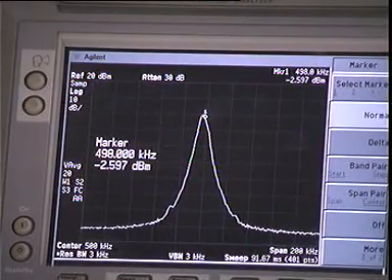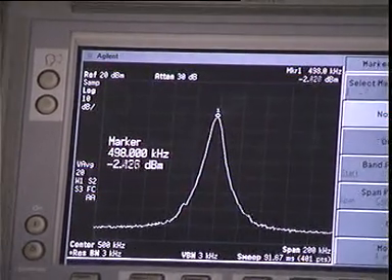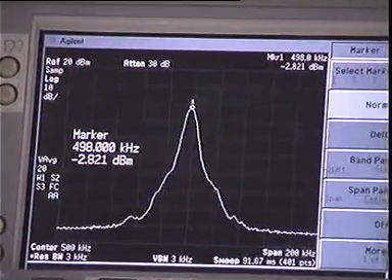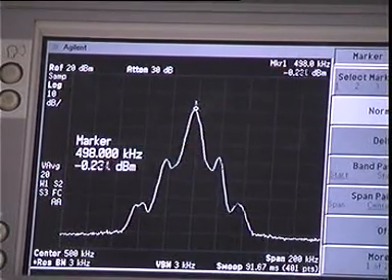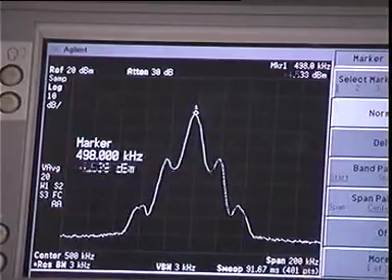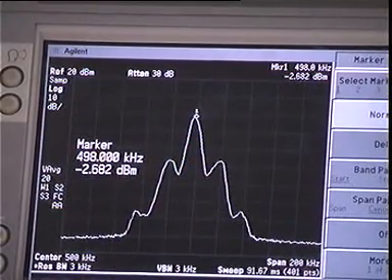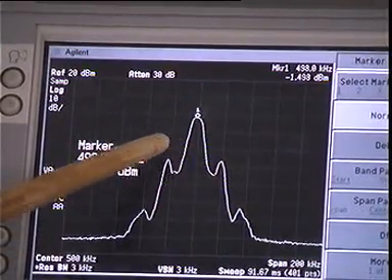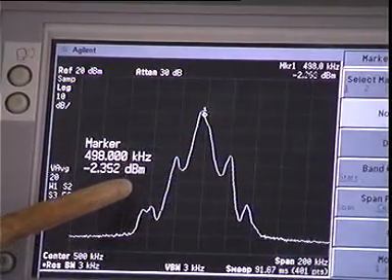Now let me slowly increase the amplitude of the message signal and let us see what happens. Now in this situation, notice that in addition to the carrier peak, I have one sideband here, one sideband here. There is also a small sideband here, a small sideband here.